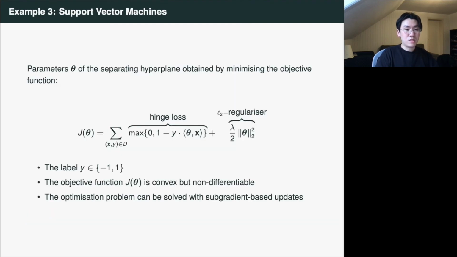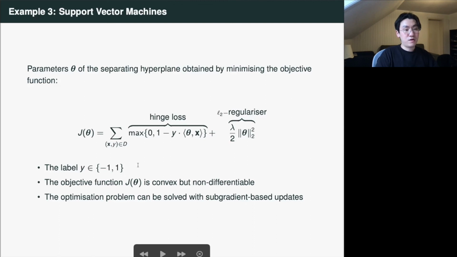Support vector machines find the optimal decision boundary by minimizing the objective function defined here. It is for a binary classification problem, so the label of a symbol can be either -1 or 1.